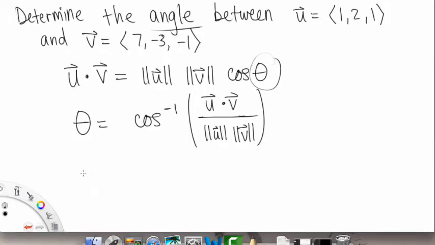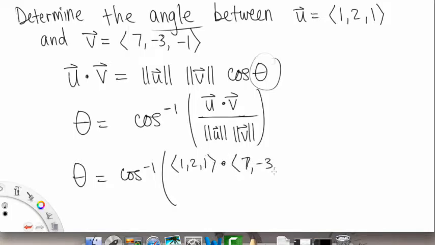So we're going to have theta equals cosine inverse of u dot v, so that's going to be (1, 2, 1) dotted with (7, -3, -1). That's on the top, and then on the bottom we just have the magnitudes. We'll do u first, so we'll square its components and add them together, and we do have to have the square root sign here because it's not magnitude squared.